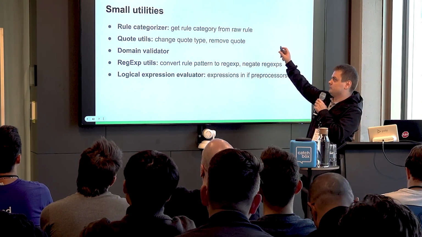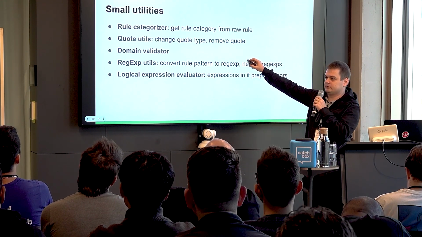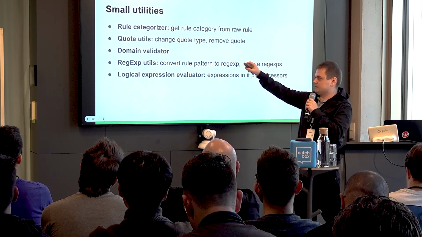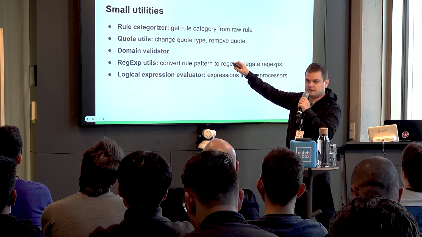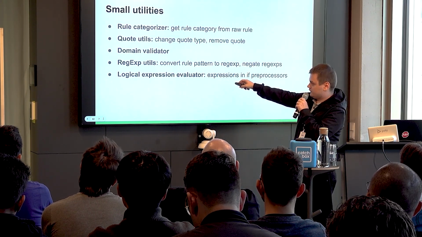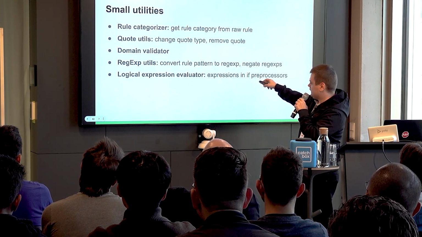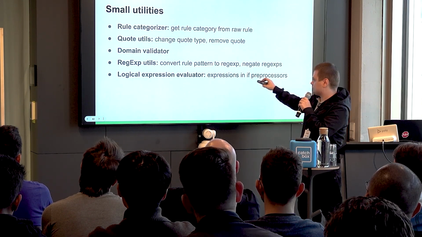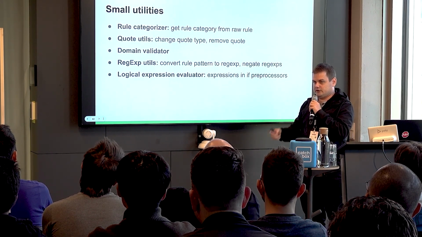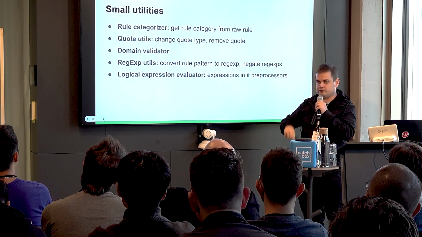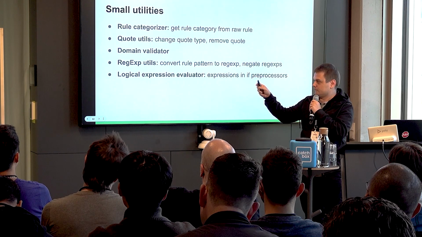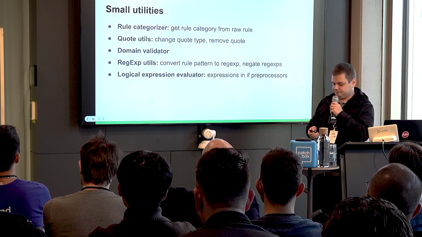For example, you can get a rule category, change the types of scriptlets, and it also handles escapes, validating domains, working with regular expressions, or, an interesting thing, a logical expression evaluator. There are expressions in preprocessors, and you can set true or false values for variable names, and it gives you the value.